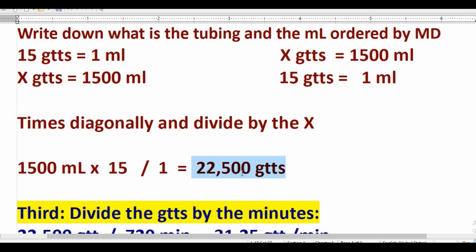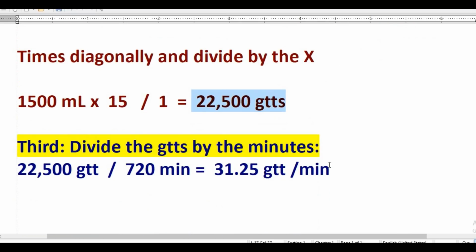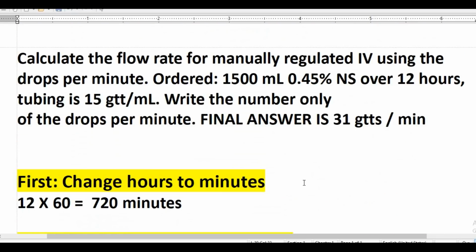The last thing we want to do is divide the drops by minutes. So 22,500 drops divided by 720 gives us 31.25 drops per minute. How would we write that?